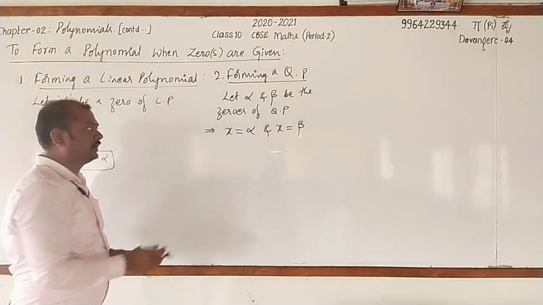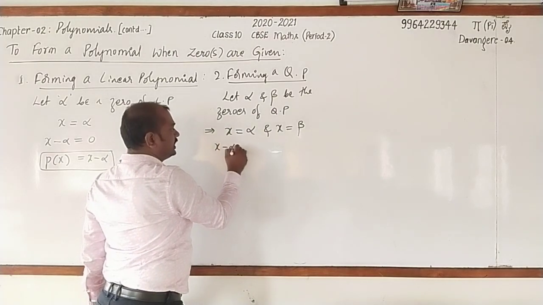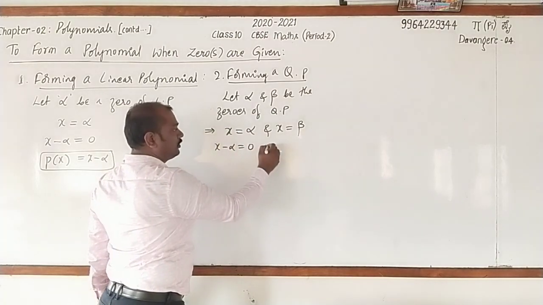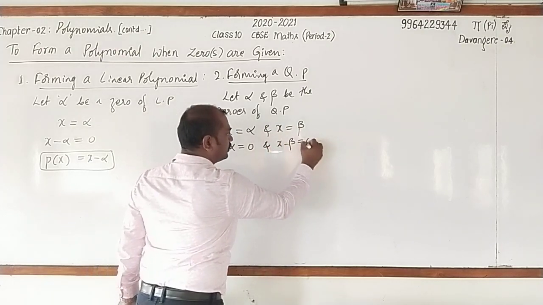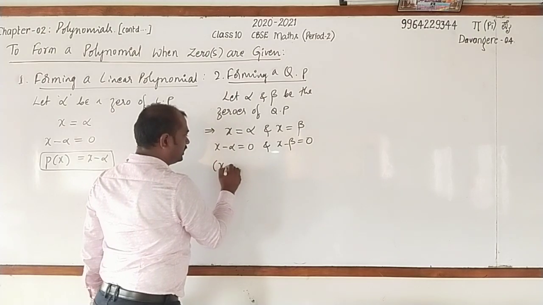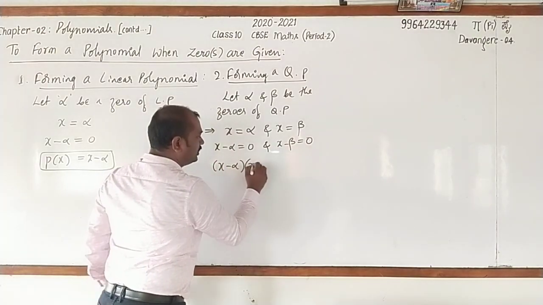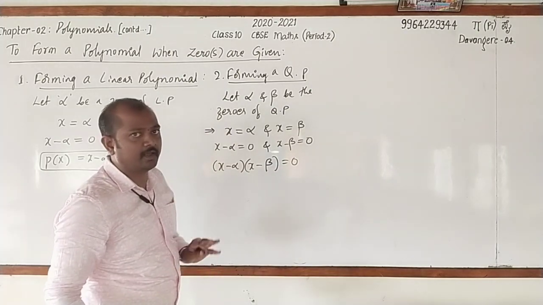2 zeros. Transfer alpha to the left hand side. x minus alpha equal to 0. And beta to the left hand side. x minus beta equal to 0. Both are equated to 0. Hence we can write x minus alpha into x minus beta equal to 0. Clear?